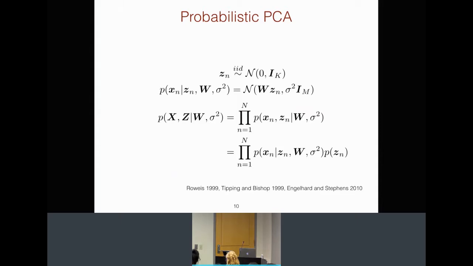So xn comes as some linear transformation of Zn with some Gaussian noise. And I've chosen the notation here to match our previous notation because the W and the Z's here are exactly going to turn out to be the W's and the Z's we started off with when we defined non-probabilistic PCA. So we have a probabilistic model for one individual. We can now write down, given a data set of n individuals, this full probabilistic model.